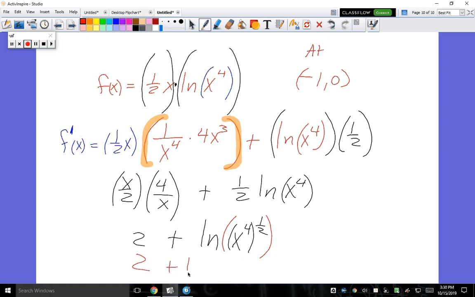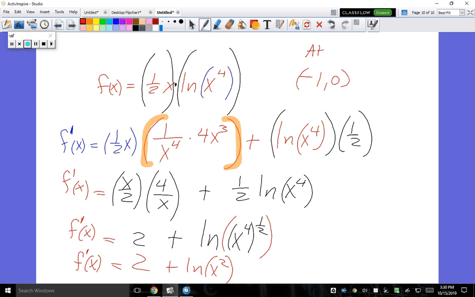So 2 plus the natural log of x squared is my derivative function. And yes, I need you doing it just like limits, and I will hold you accountable for this on the test because we're going to do this all unit so that I know you know when you derive.